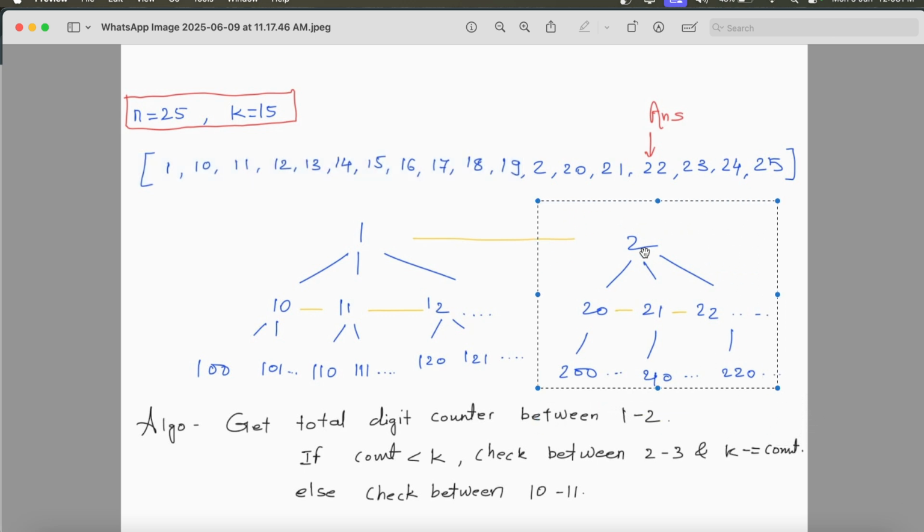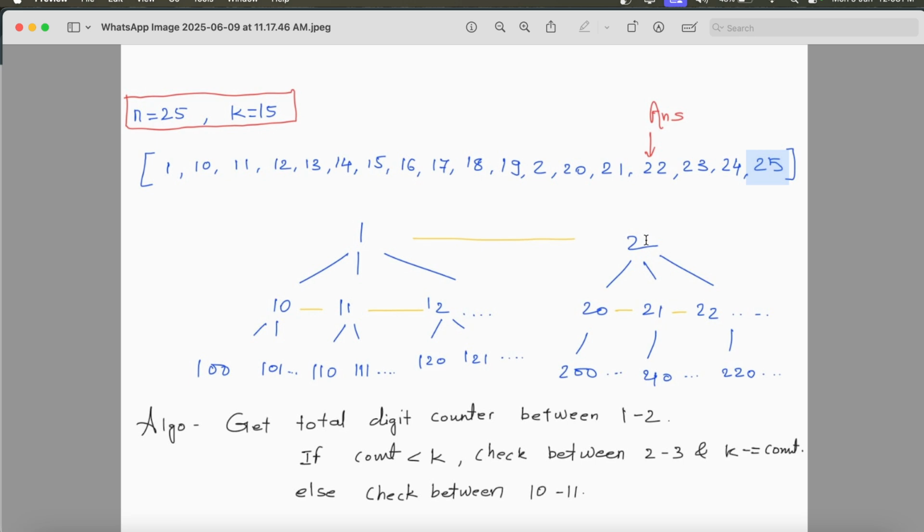Now from 2, all the possibilities from 2 to 3. After 25, the next is obviously going to be 3, because the range is still from 1 to 25 and 25 is the last element we can get with 2. So after 25 it is going to be 3.